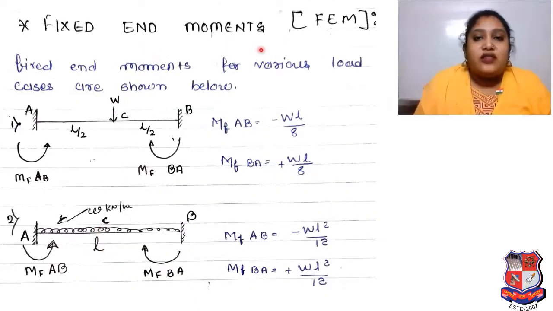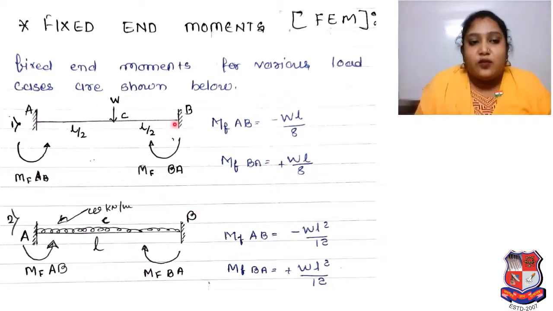Now fixed end moments. So fixed end moments for various load cases are shown below. These basic fundamentals come from Mechanics of Solids, so I assume that you all have an idea about that. Here I just give the idea to recall the things.